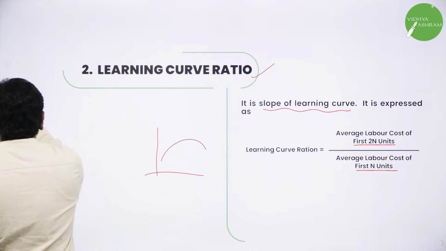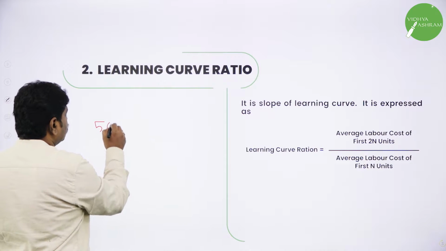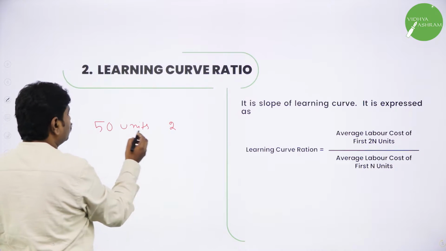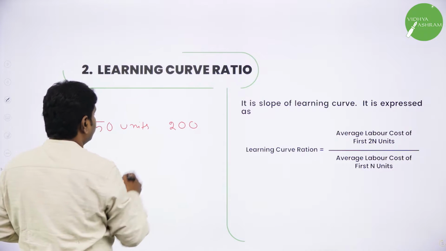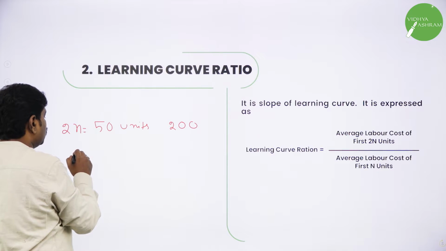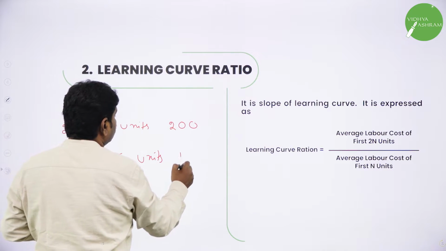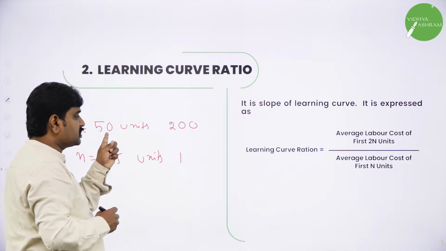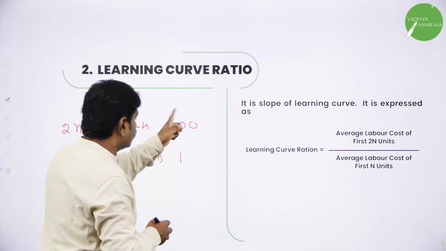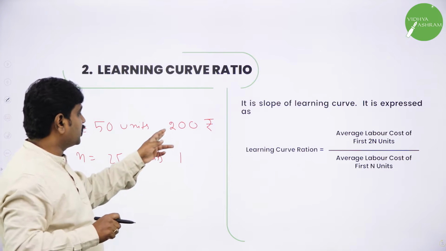For example, take a simple case of producing 50 units. Say the first 50 units will take 200 hours, and this is 2n. N means the number of units, that is 25. Say 200 rupees is the cost. In terms of cost, for producing the first 50 units, I am taking 200 rupees.